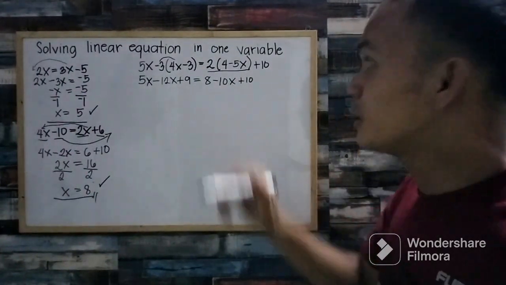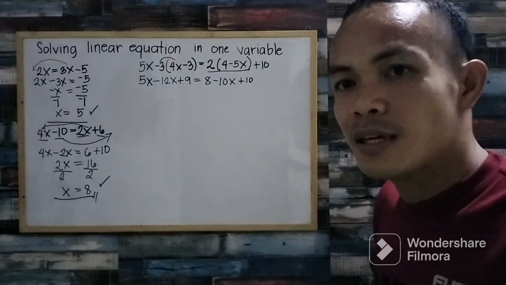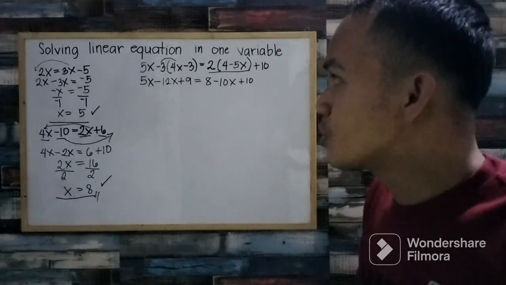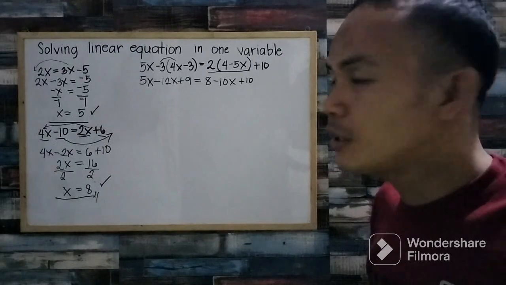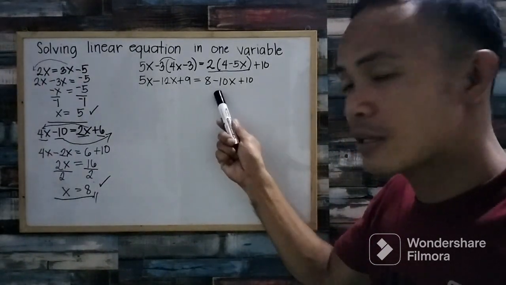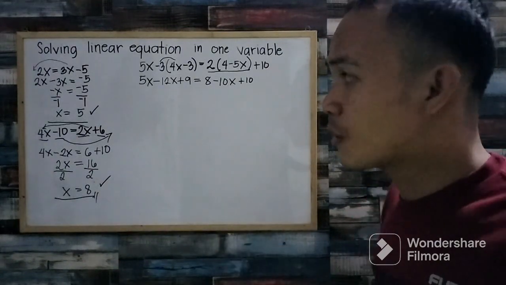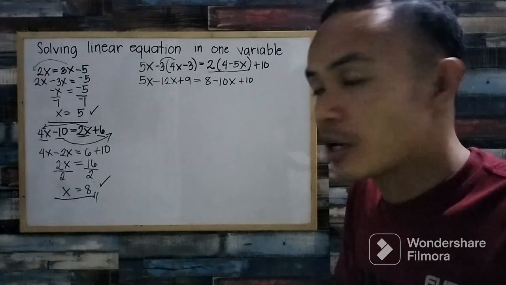Alright? So makikita mo, wala nang parentheses. So ibig sabihin, pwede na nating i-combine yung the same terms gamit yung addition property of inequality, or just simply transpose or move the other terms from one side to the other para makukumbine natin yung the same terms, okay?